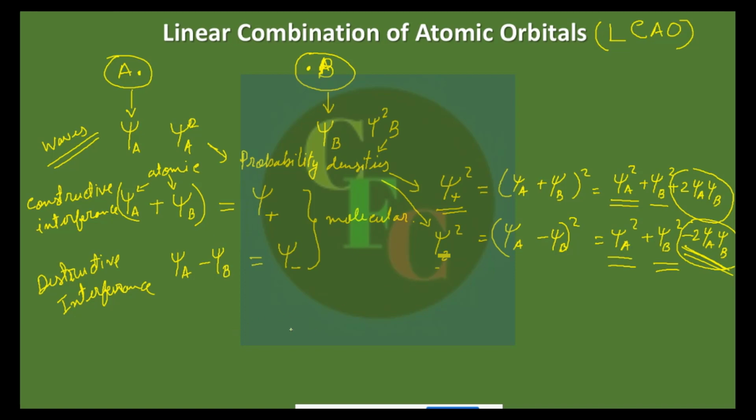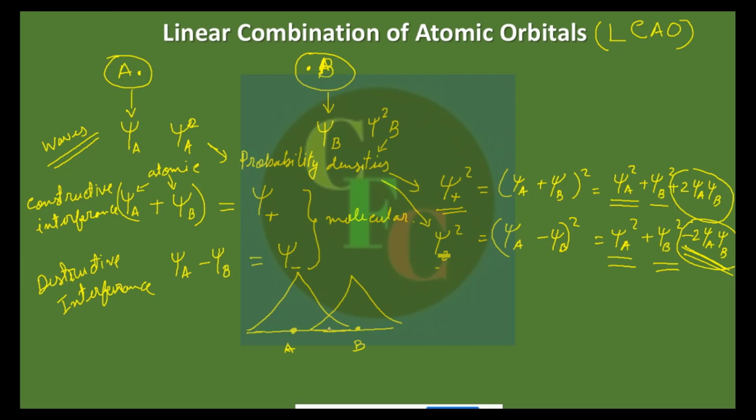Pictographically, you can depict it. Suppose this is A and this is B, and this is the axis of the bond. Now suppose psi A was something like this and psi B was something like this.